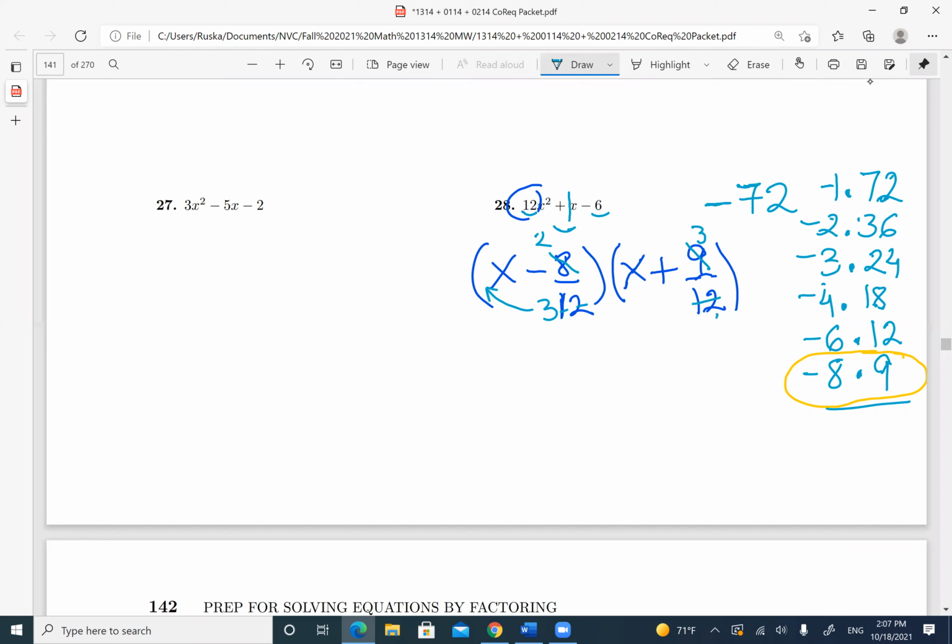It's gonna be 3 and 4, and 4 is gonna go in front of the X. Okay, so my final answer is gonna be 3X minus 2 multiplied by 4X plus 3. Okay, any questions?